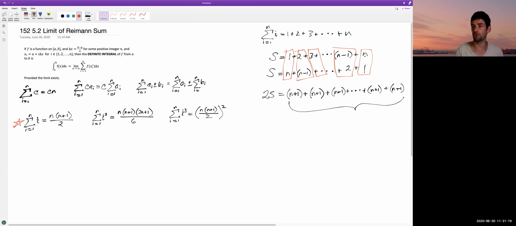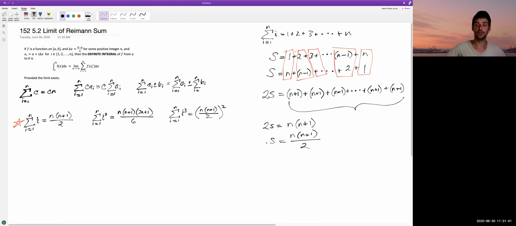There's a total of n of them. In other words, n plus 1 plus n plus 1 plus n plus 1. If you have n of those, you have n times n plus 1. Well, now we just divide both sides by 2. We get s equals n times n plus 1 divided by 2.